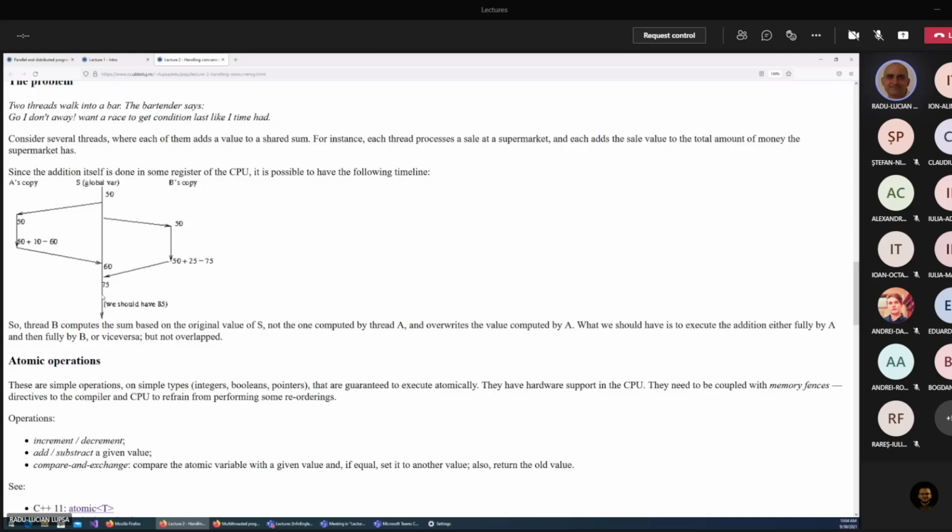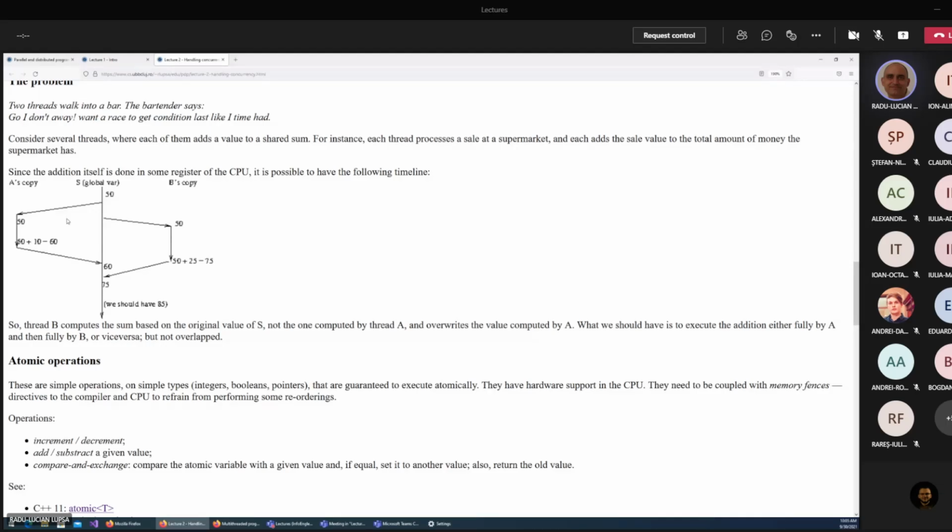You have a global variable that holds the money of the supermarket, and each operation adds the value corresponding to the cell. So we have one operation that adds 10 money units to the initial 50 and outputs a 60 that gets written into the variable.